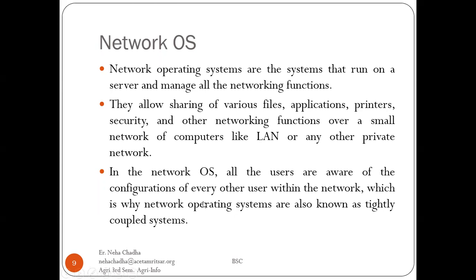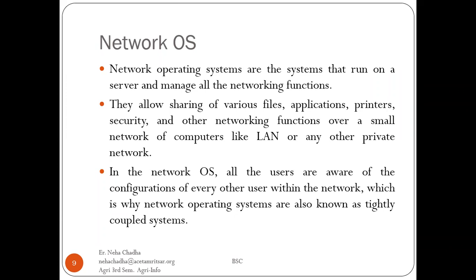In the network operating system, all the users are aware of the configuration of every other user within the network. That means if two users are in the sharing mode, this is one type of distributed system. In the distributed system, when we are sharing, we are only concerned with sharing of the resources. We are not concerned with the configuration of the particular system from where we are getting the data.